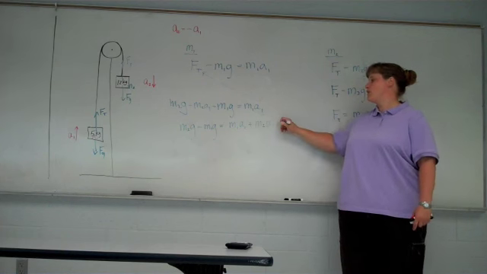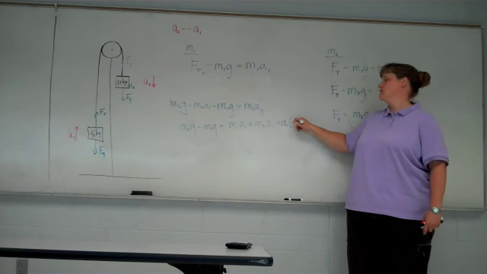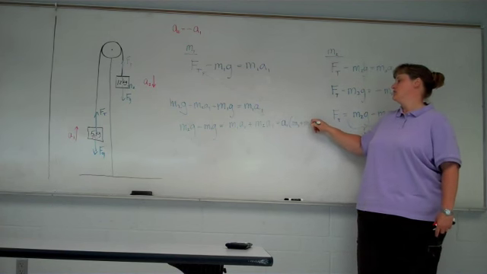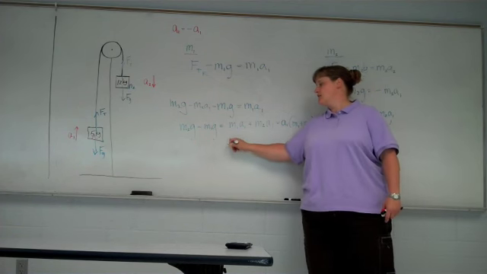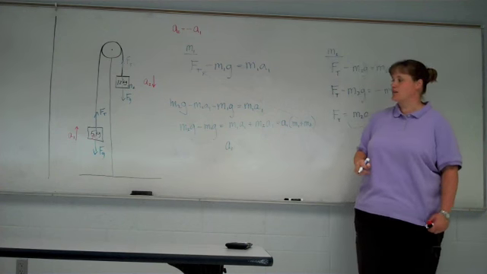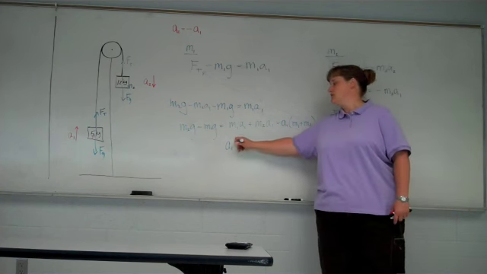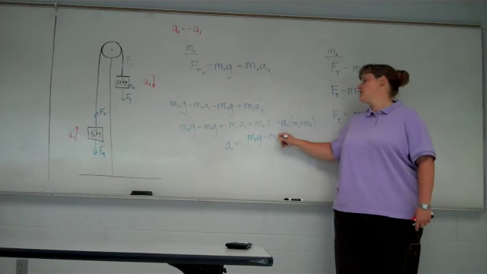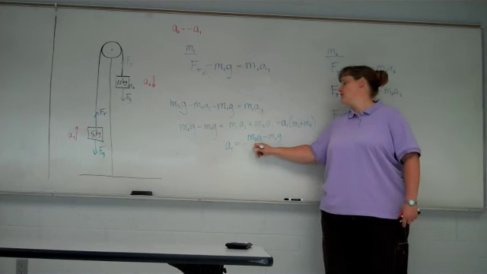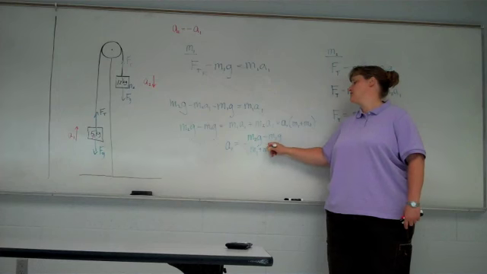We can factor out the a1. So a1, the acceleration of block number 1, the 5 kilogram one, is equal to m2g minus m1g over m1 plus m2.